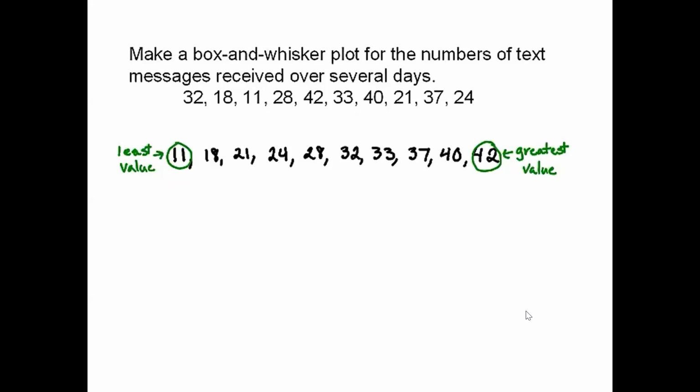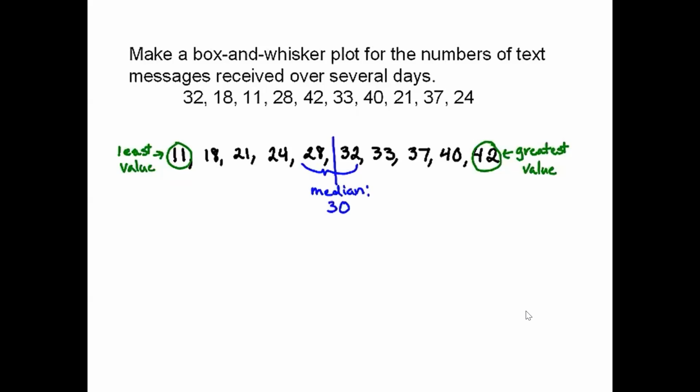In this data set, we have 28 and 32 remaining. This means that the median is the mean of 28 and 32. The mean of 28 and 32 is 30, so the median is 30.